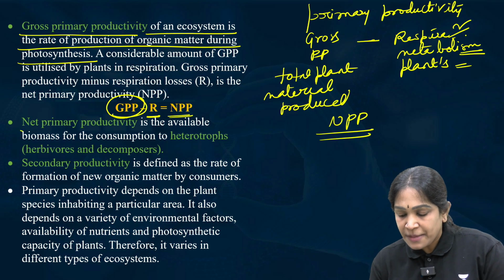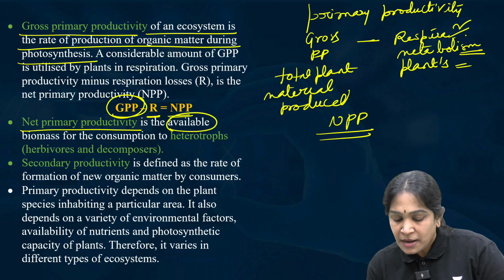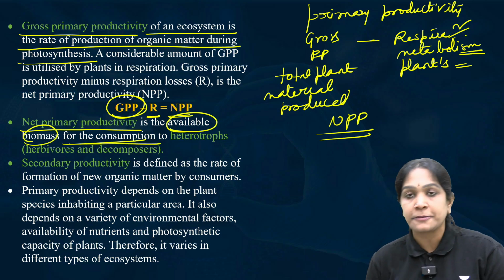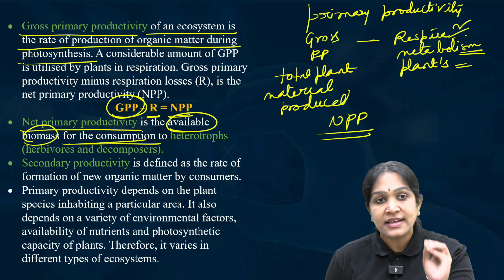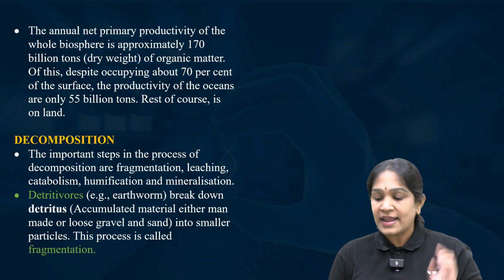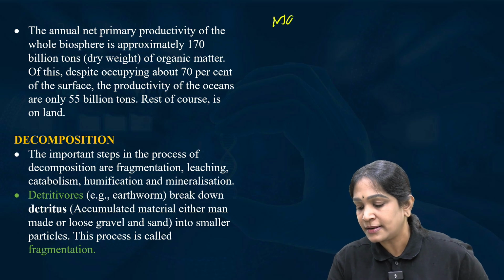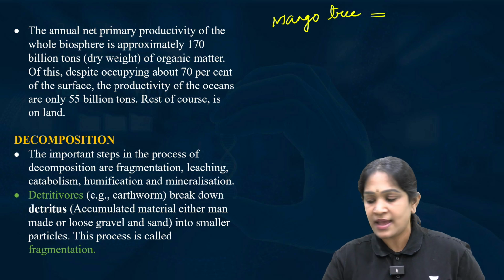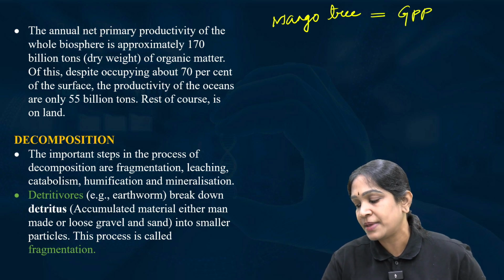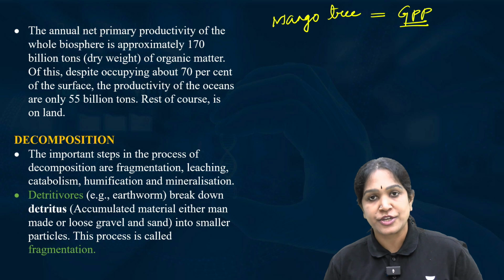So the net primary productivity is the available biomass for consumption. How much biomass is available in the plant for the consumption process? For example, if I take the complete mango tree, I can consider it as GPP, the gross primary production.